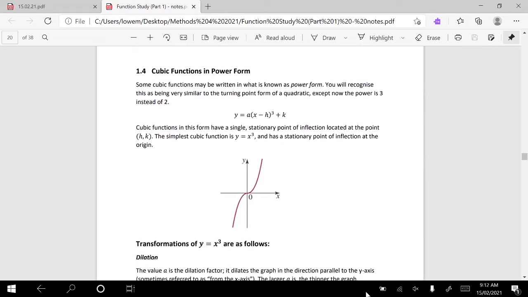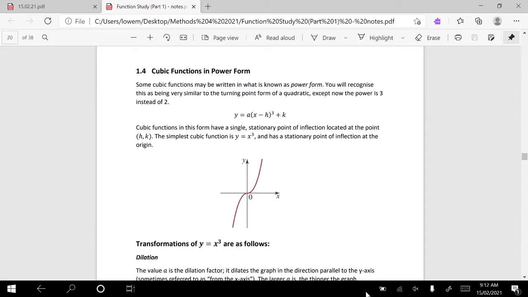So the next thing that we're looking at in this unit are cubic functions that are written in power form. We've already looked at cubic functions written in expanded polynomial form, and also in factored form.